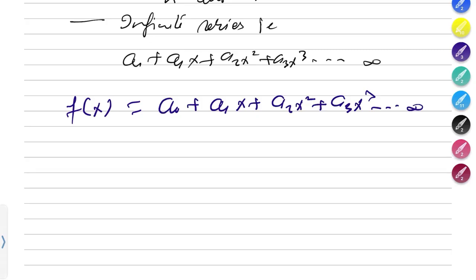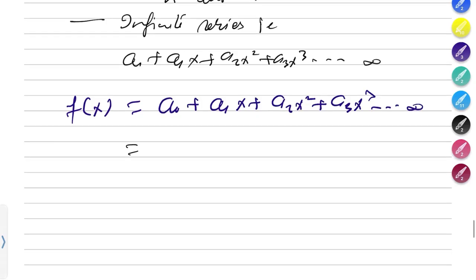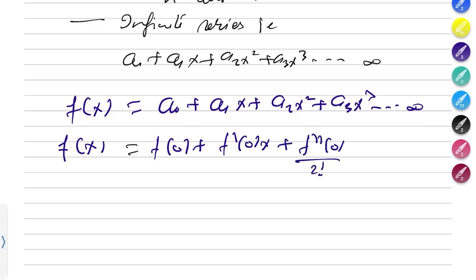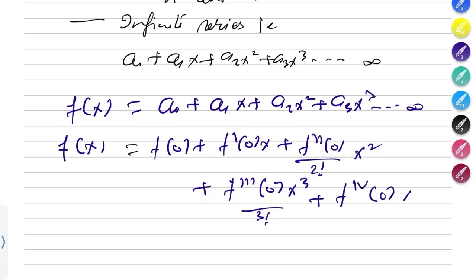By the way, we already did that. If you want to write in terms of the coefficients, this is the same as: a naught means f(0), a1 means f dash 0 x, plus a2 means f double dash 0 upon 2 factorial x square, plus a3 means f triple dash 0 x cube upon 3 factorial, plus the fourth derivative at 0 times x to the power 4 upon 4 factorial, up to infinite.